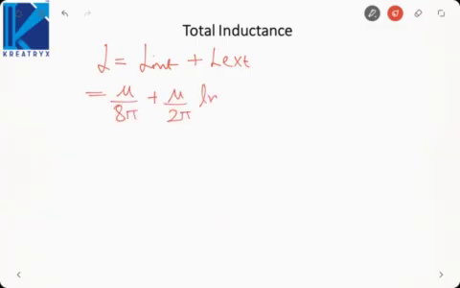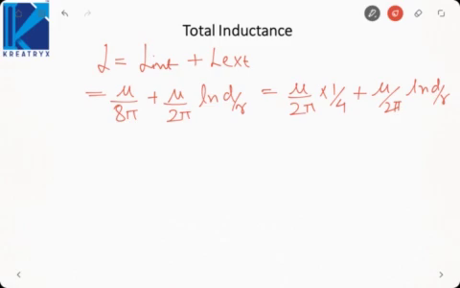To determine total inductance, it will be internal plus external. So mu by 8 pi plus mu by 2 pi ln d by R. Now I can write it like this: mu by 2 pi into 1 by 4 plus mu by 2 pi ln d by R.